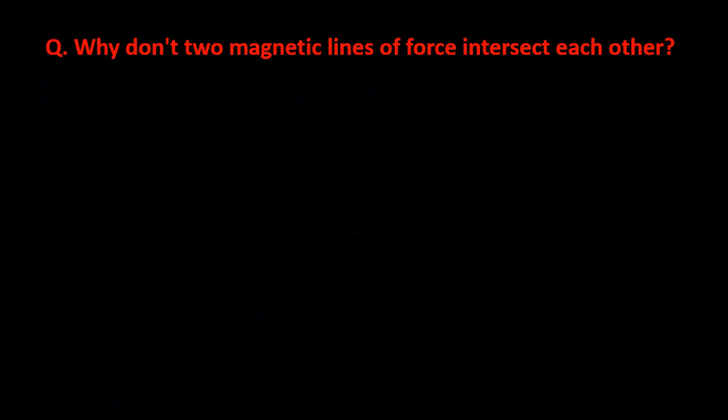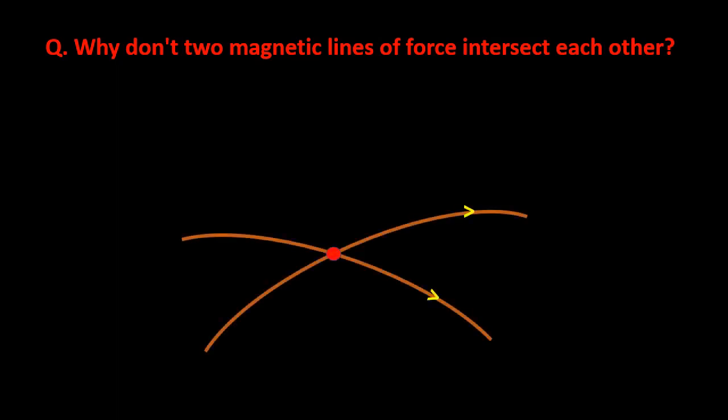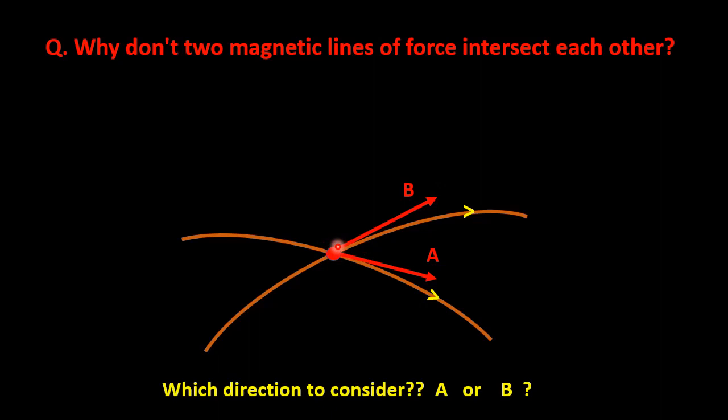The question is, why don't two magnetic lines of force intersect each other? If we consider that two magnetic field lines are crossing each other, and this is the intersecting point, then this field line will show one direction, represented by A. This field line will show another direction, represented by B. If we place a compass needle here, which direction should be considered, A or B?